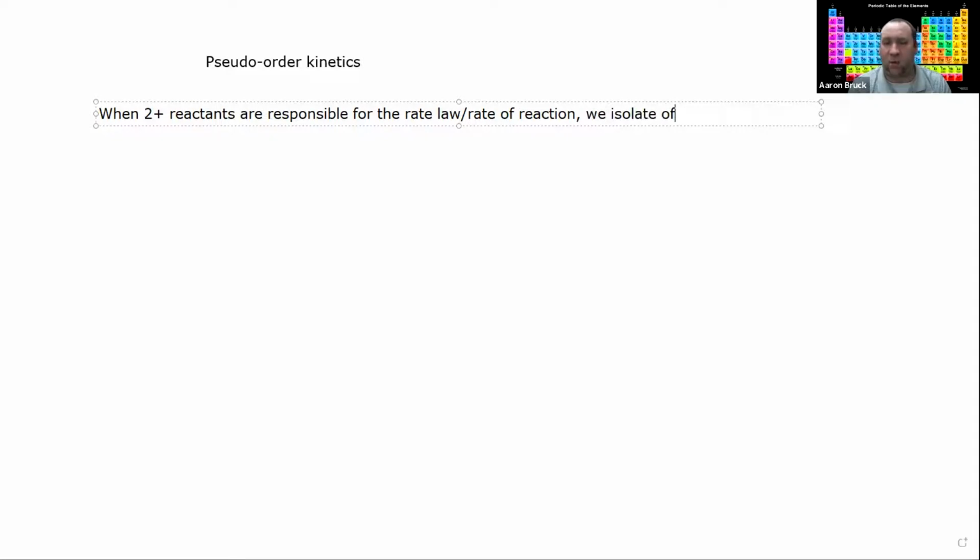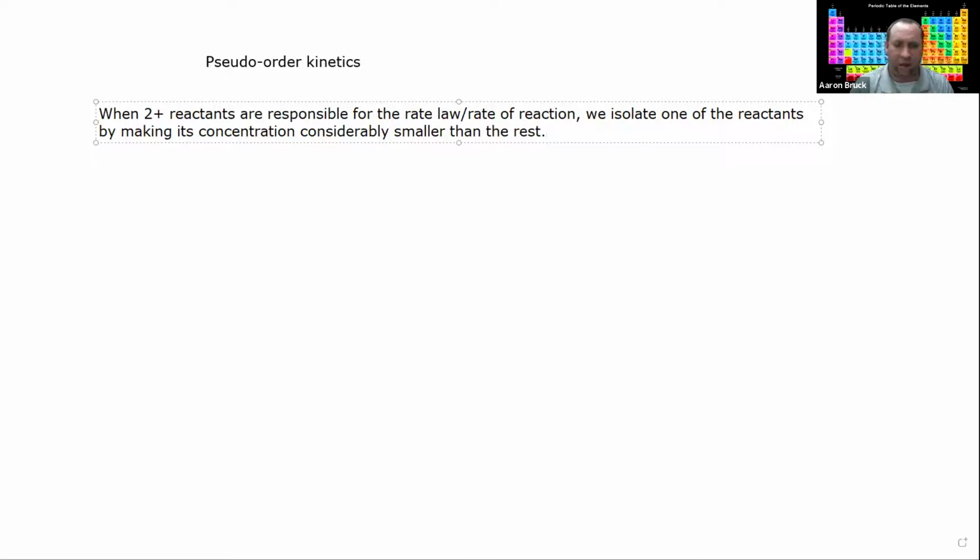So we isolate one of the reactants by making its concentration considerably smaller than the rest. The purpose of this is isolation.